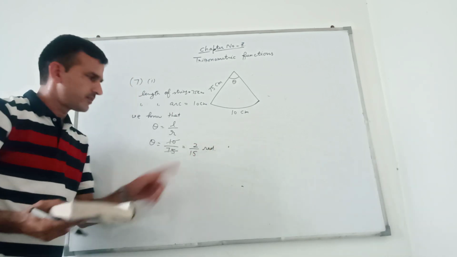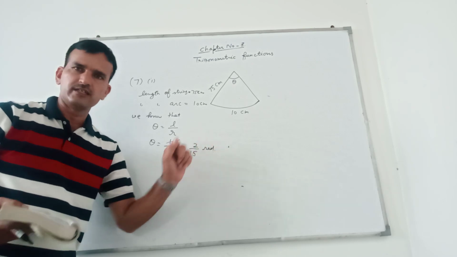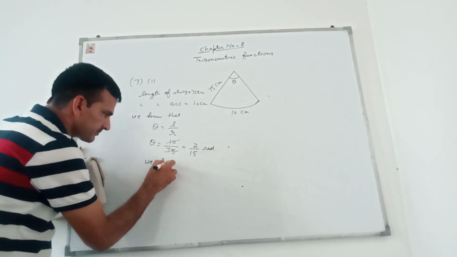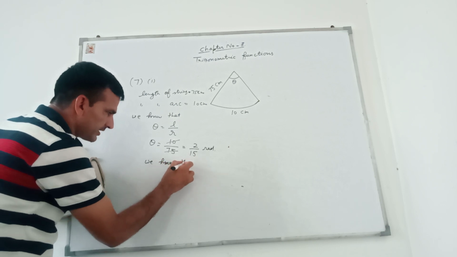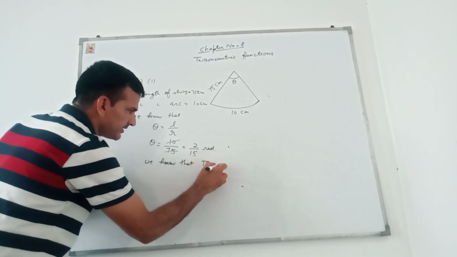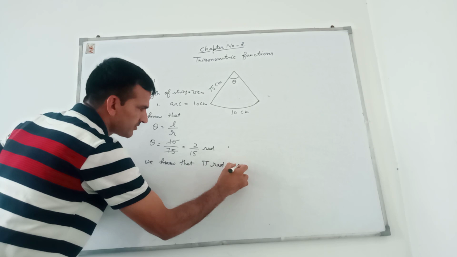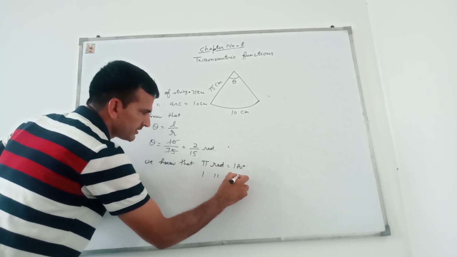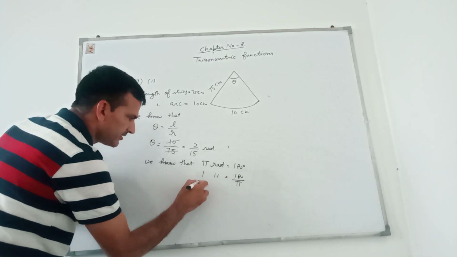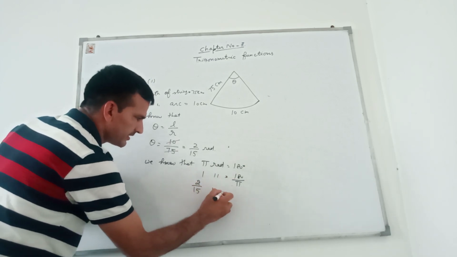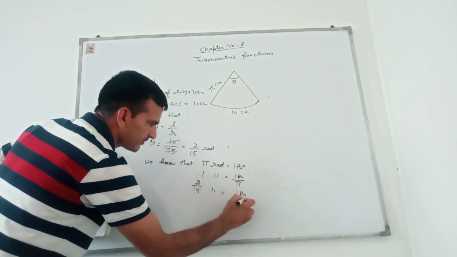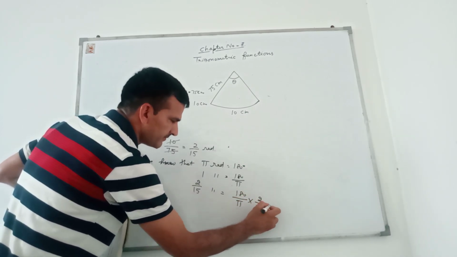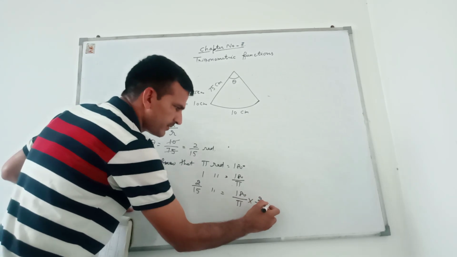Now we have to convert this radian into degree. We know that pi radian is equal to 180 degree. 1 radian is equal to 180 by pi. And 2 by 15 radian is 180 by pi into 2 by 15.